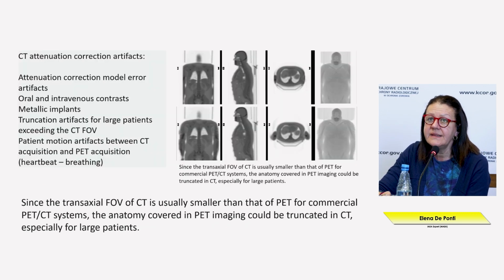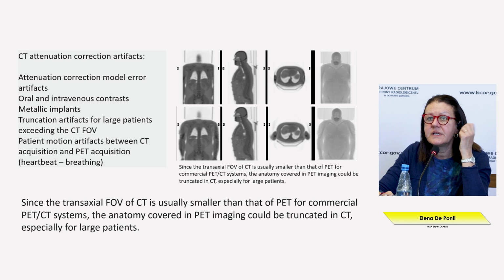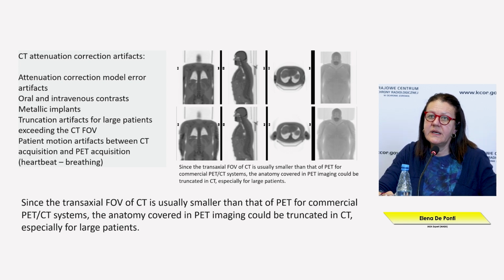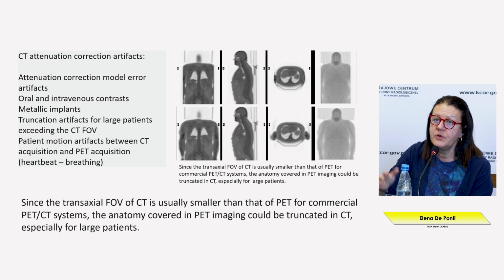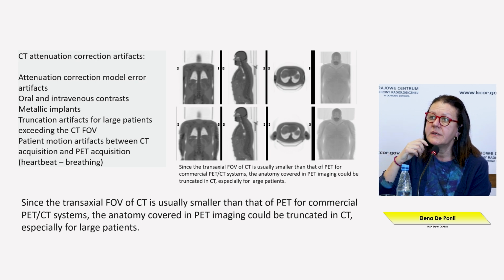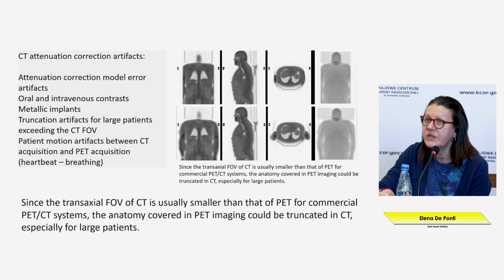And some other artifacts are coming from the application of CT in correction for attenuation, in particular when there are metallic implants, or when we have truncation artifacts due to the fact that the transaxial field of view of the CT is smaller than that of PET, and so some parts that are imaged in the PET are not corrected because we don't have information.